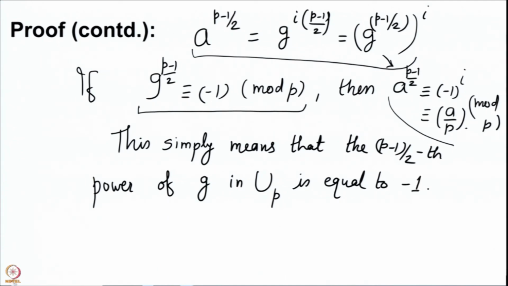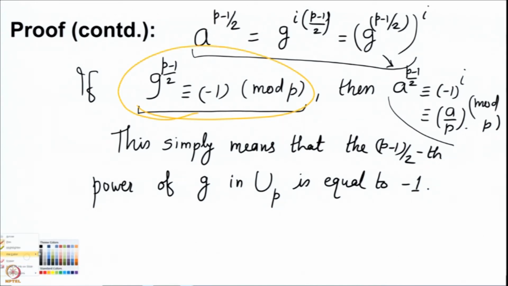This is what we want to show when we want to show that modulo p g to the p minus 1 by 2 is minus 1. So we are going to take these powers of g in UP and we want to show that when you raise it to this particular power you get it to be minus 1.